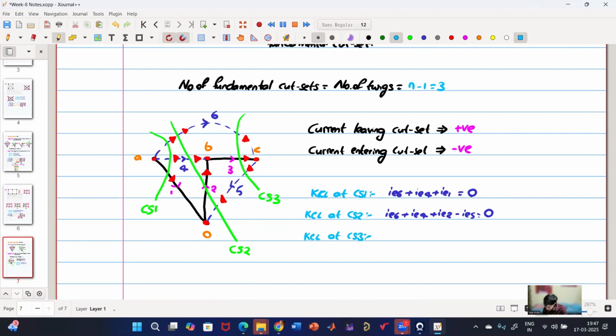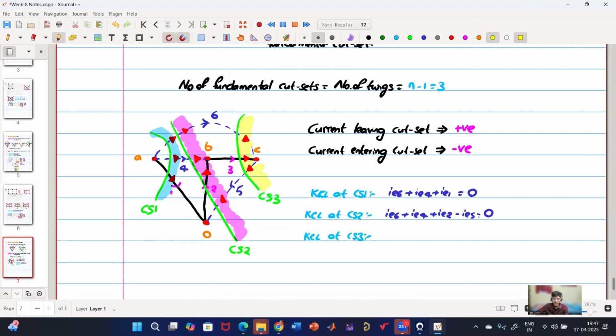So maybe I'll consider the region that we have considered. This side is the region that we have considered for cut set 1. And this side is the region that we have considered for cut set 2. And similarly, this side is the region that we are considering for cut set 3.